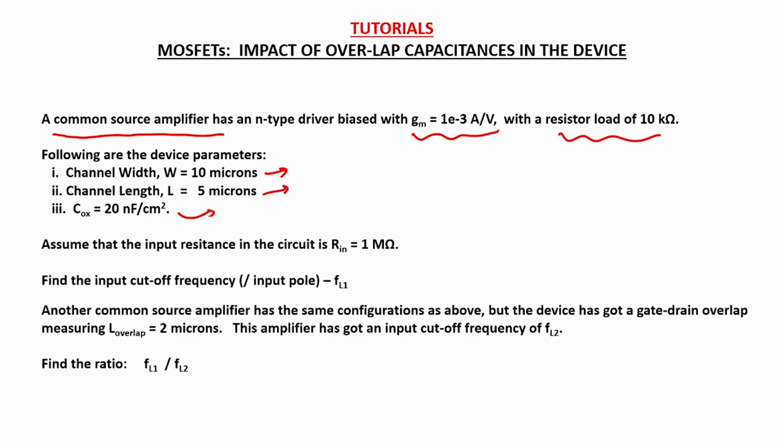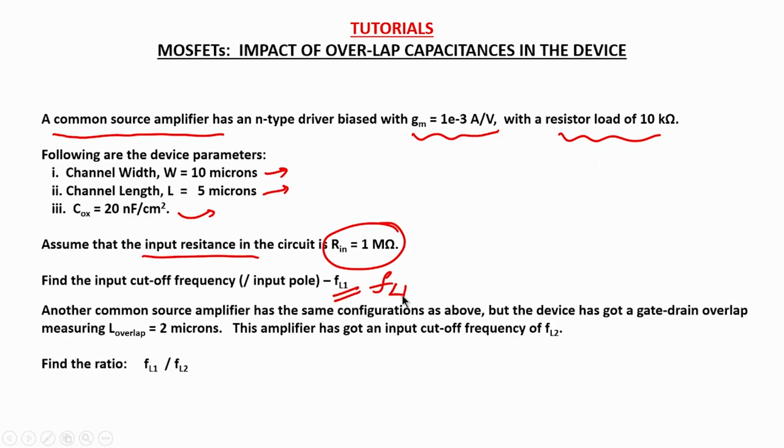You are also given that for this amplifier there is an input resistance Rin equal to 1 megaohm, and you are asked to find the input cutoff frequency for this amplifier, which is where the input pole lies, this FL1 value.